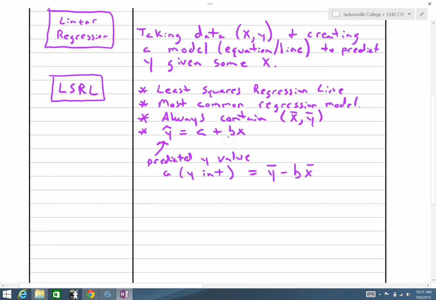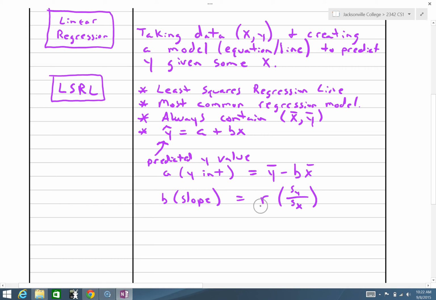Well, what is this b? Well, it's the slope. B is the slope. And just like in algebra, we know that slope is change in y over change in x. Well, this slope is given to us by r, what we studied last time, the correlation coefficient, times the standard deviation of y divided by the standard deviation of x. And so here you see that this concept of slope, change in y over change in x.